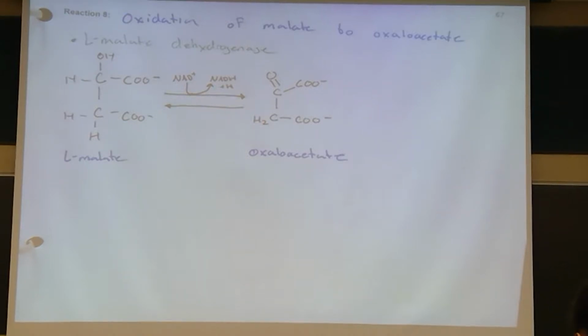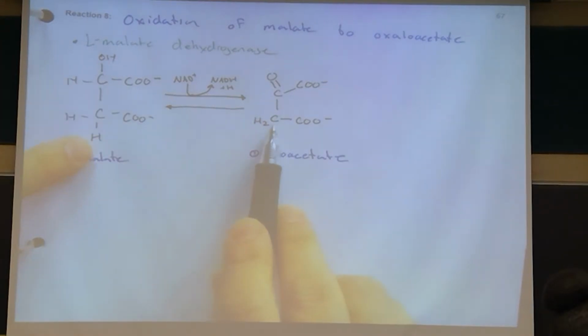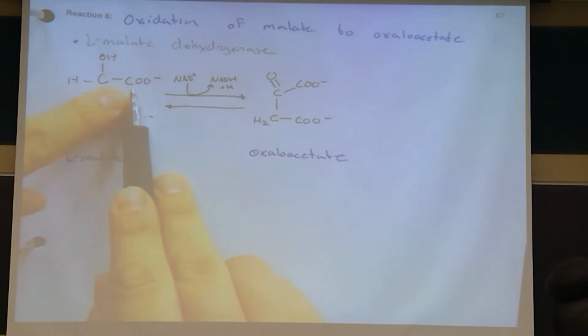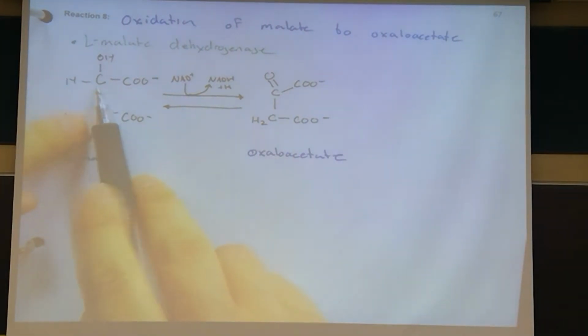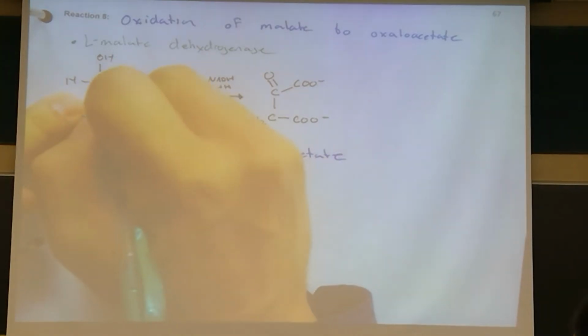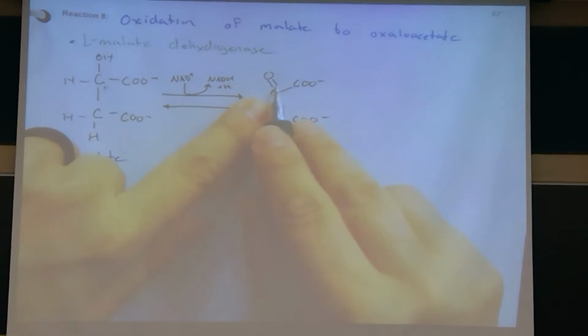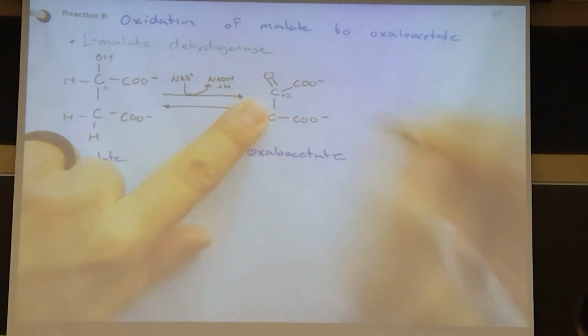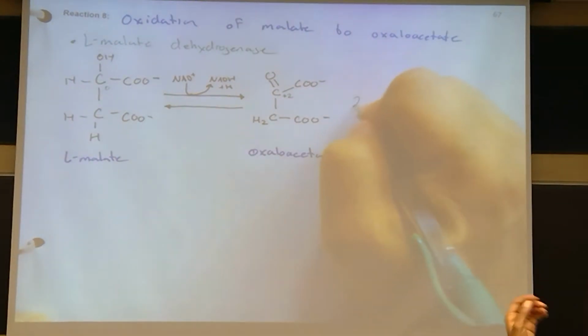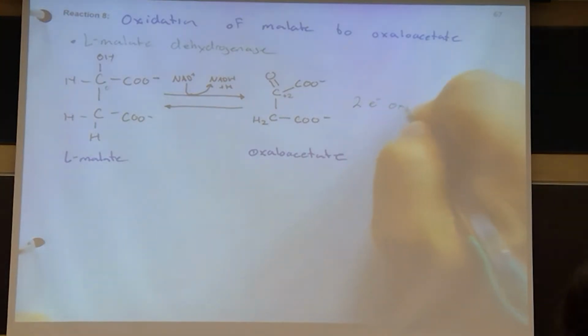How many electron oxidation is this? The oxidation state of this carbon doesn't change, this carbon doesn't change, this carbon doesn't change, this carbon does change. What's the oxidation state here? 0. What's the oxidation state here? +2. A loss of 2 electrons, so this is a 2-electron oxidation.